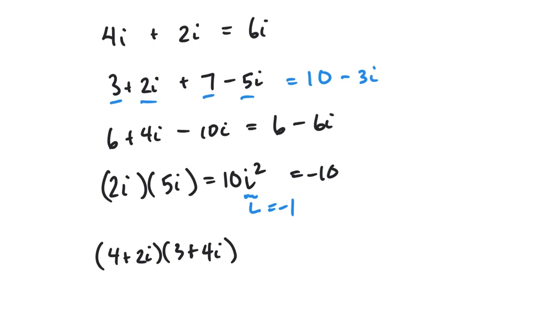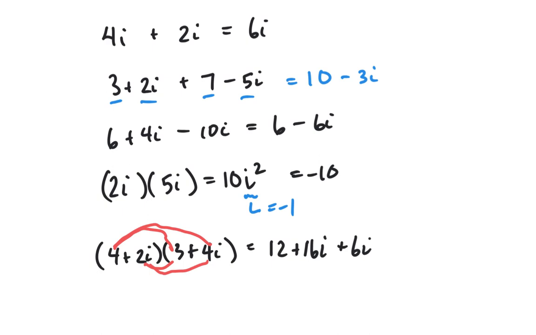So we're going to expand. We take and multiply. 4 times 3 is 12. 4 times 4i. Now remember, you can't add those together, but you're saying 4 i's is 16i. And of course, we move on to the inside. 2i times those. So 2i times 3 is 6i.